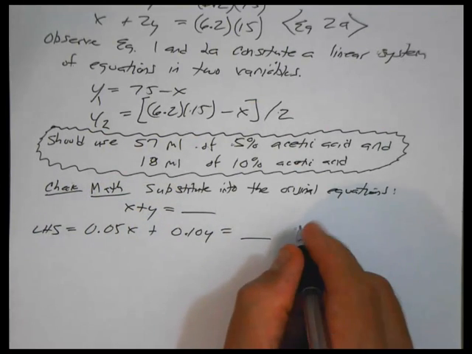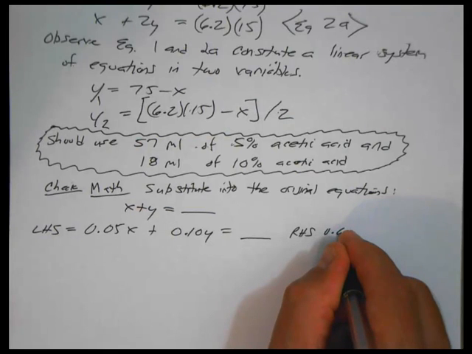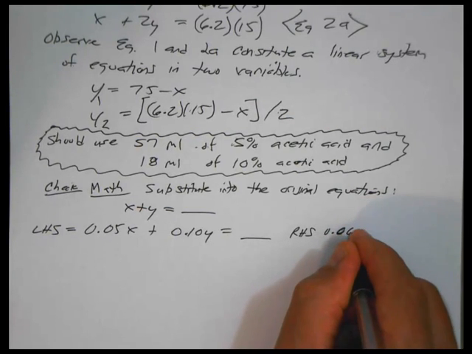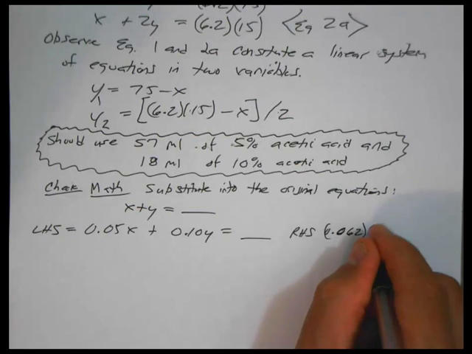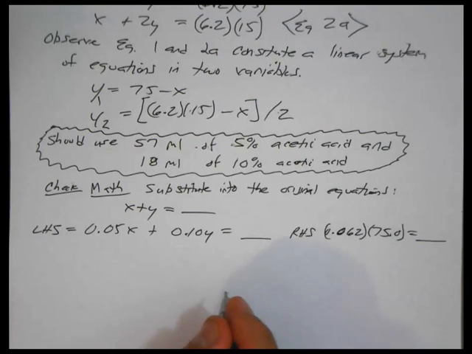And over here, we'll also compute the right-hand side, which was 0.062 times the 75.0, and see what that is.